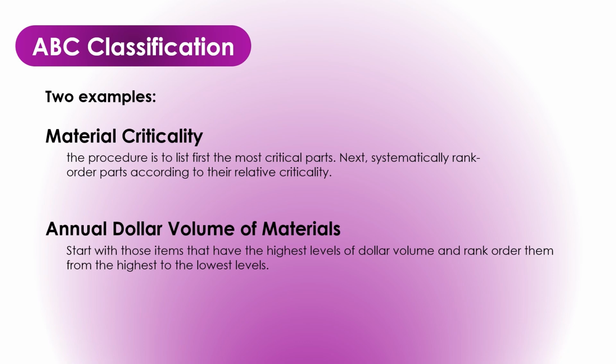For the annual dollar volume of materials, dollar volume is the surrogate for potential savings that can be made by improving the inventory management of specific materials. Start with those items that have the highest levels of dollar volume and rank order them from the highest to the lowest levels.